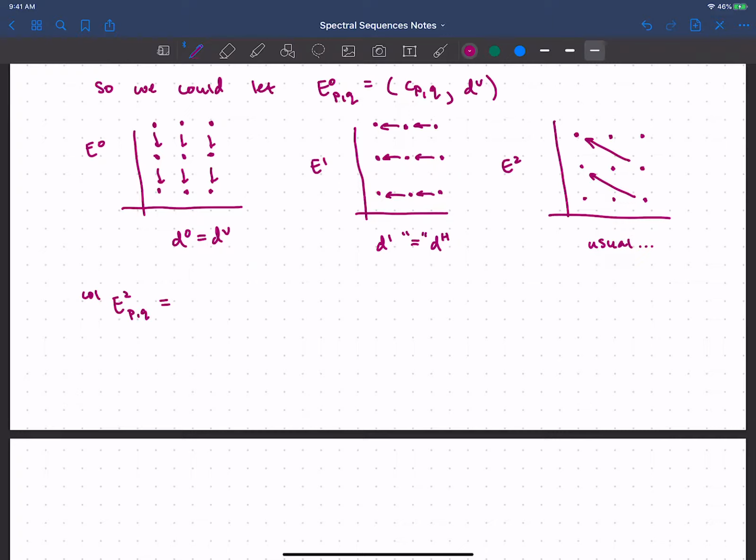Well, we took the vertical homology of our double complex, so with respect to only the vertical differential, and then we took the horizontal homology of that. This is a little bit of an abuse of notation because it's not exactly the same stuff there anymore, but basically we want to use the vertical differentials and then use the horizontal differentials.